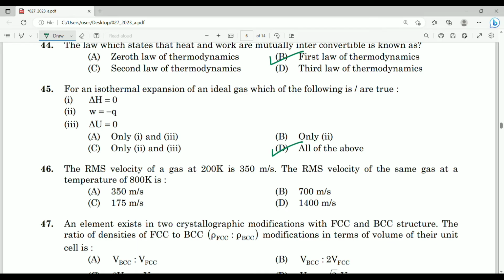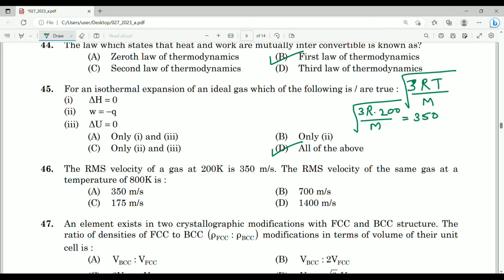46. The RMS velocity of a gas at 200 Kelvin is 350 meter per second. RMS velocity of the same gas at a temperature of 800 Kelvin is. So the equation for RMS velocity is root of 3RT by M. So here it is given 3R into 200 by M, root of 3R into 200 by M is 350.